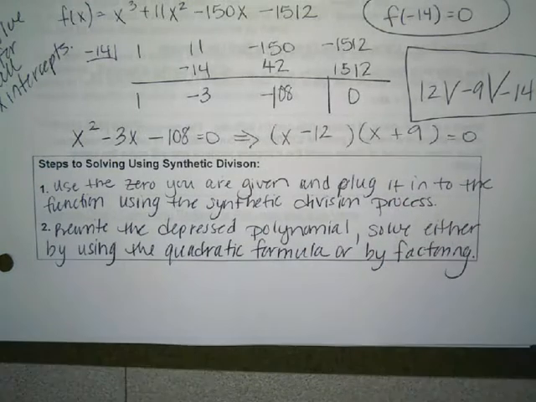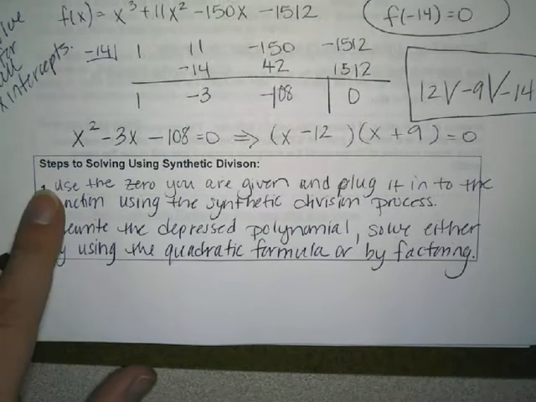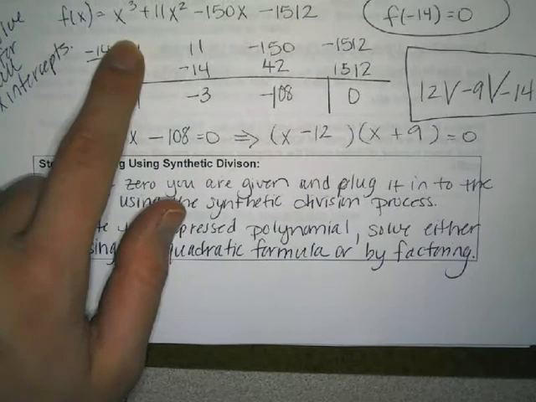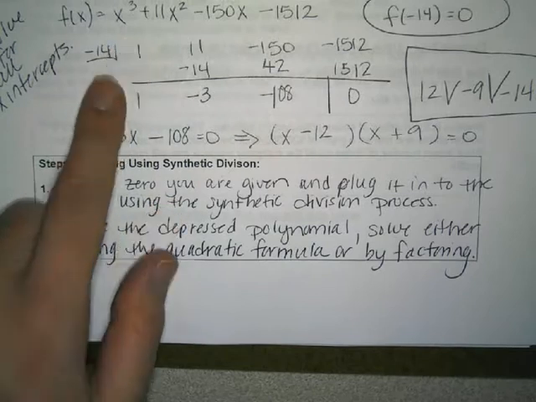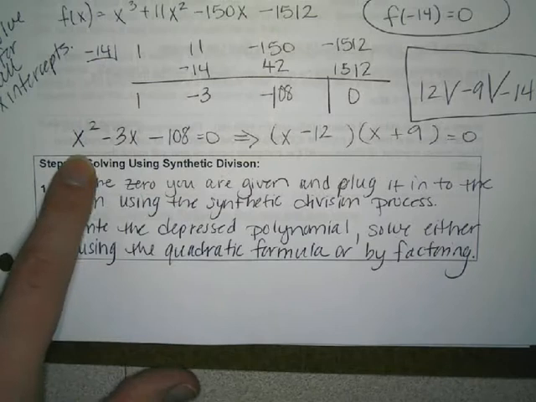Now there might be one that we do where we actually have to do this twice. We only had to do this once because we have a cubic, and so when we plugged in a 0, my depressed polynomial ended up being a quadratic, which then you can factor or solve using the quadratic formula.